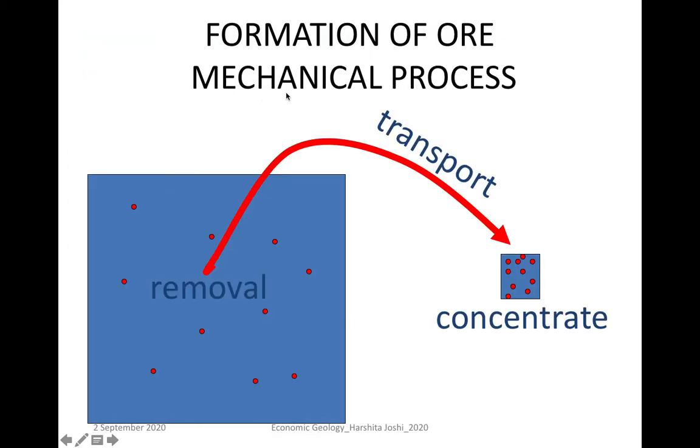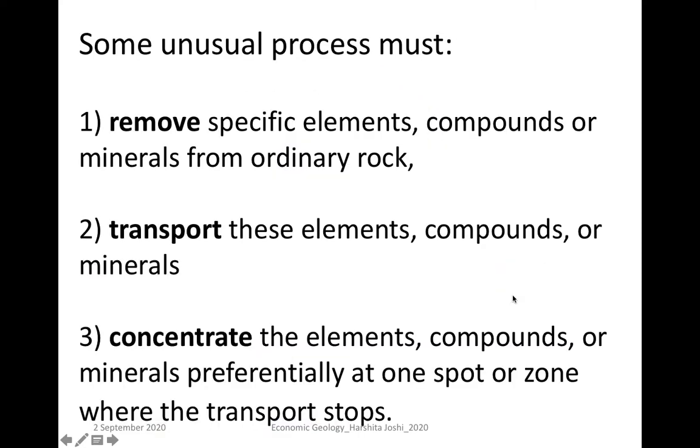There may be mechanical processes also which form ore. You have disseminated presence of minerals. Try to concentrate them. This becomes the ore then. Okay. So for mechanical processes, what you need to do is remove specific minerals or specific elements from a rock, transport them and concentrate them.